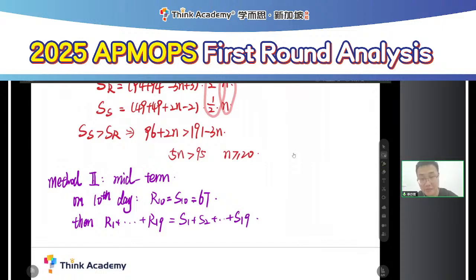The number of terms is the same, so the first 19 terms' sum should be exactly the same. Then if we add one more, it should be smaller because the red is decreasing. So the answer is 20, right?